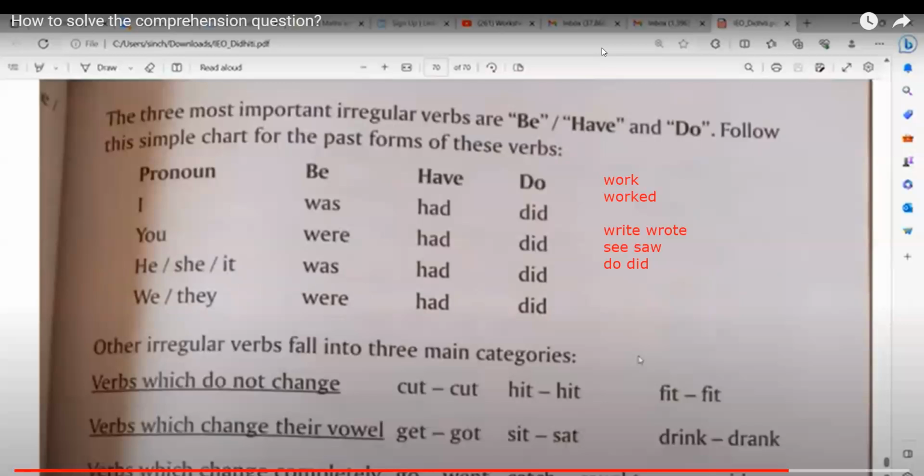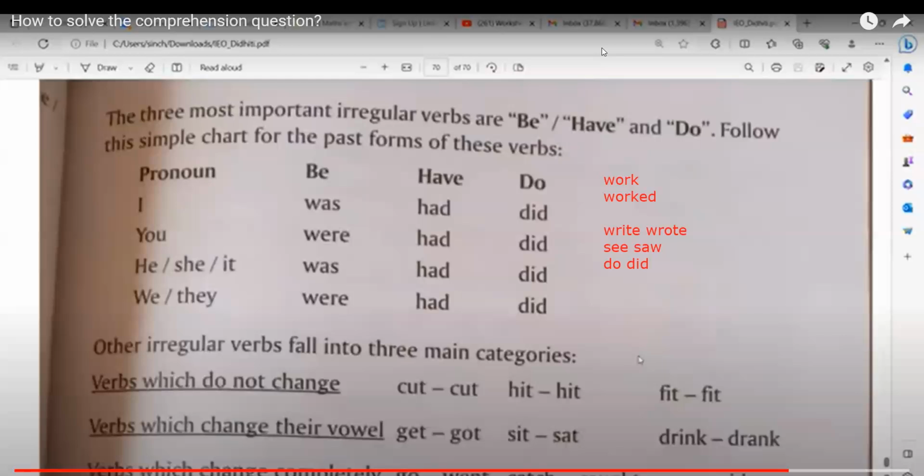The next one, Udit, tell me better. Cut and cut in present tense and past tense. He cut an apple and makes the juice in the mixie or in the juicer.